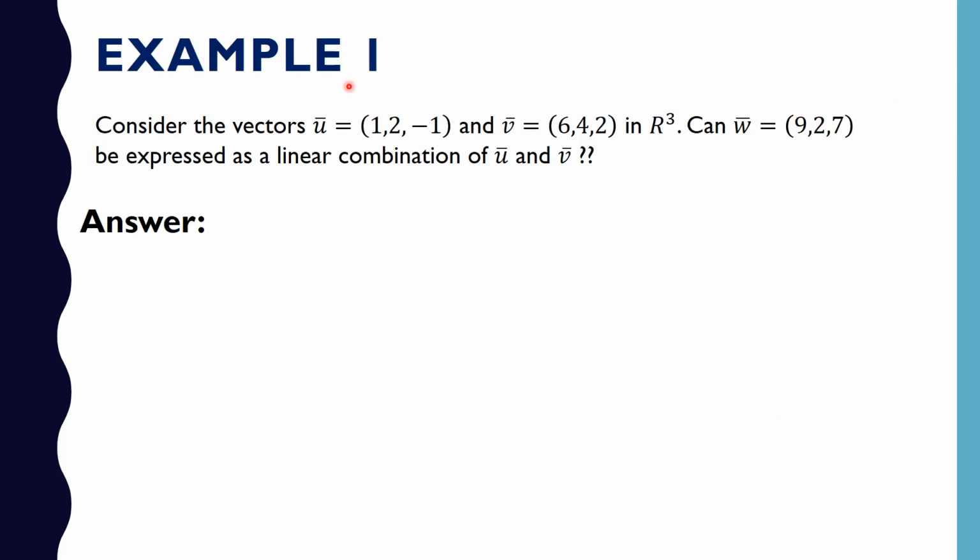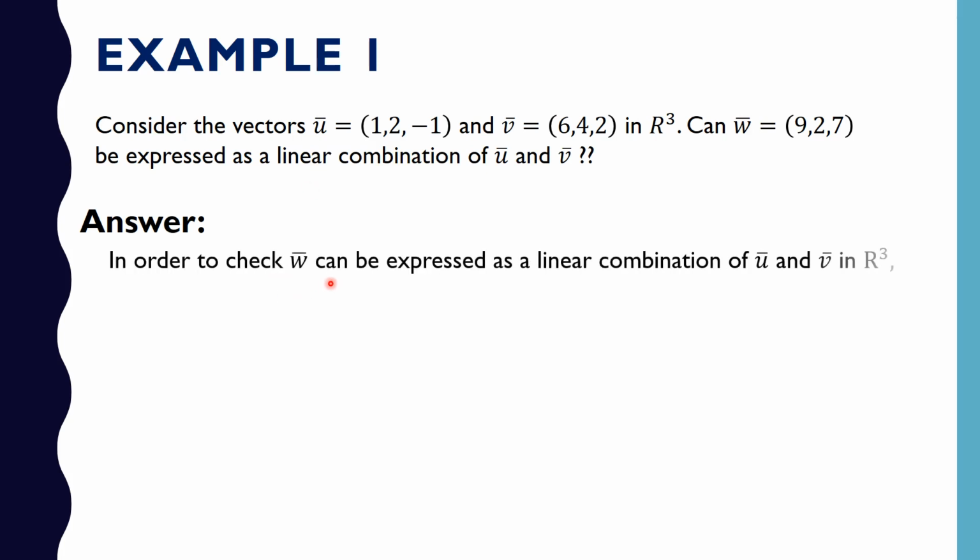In this example, two vectors u and v are chosen in R3, three-dimensional real vector space. Can the vector W, (9, 2, 7), be expressed as a linear combination of the vector u and the vector v in R3?